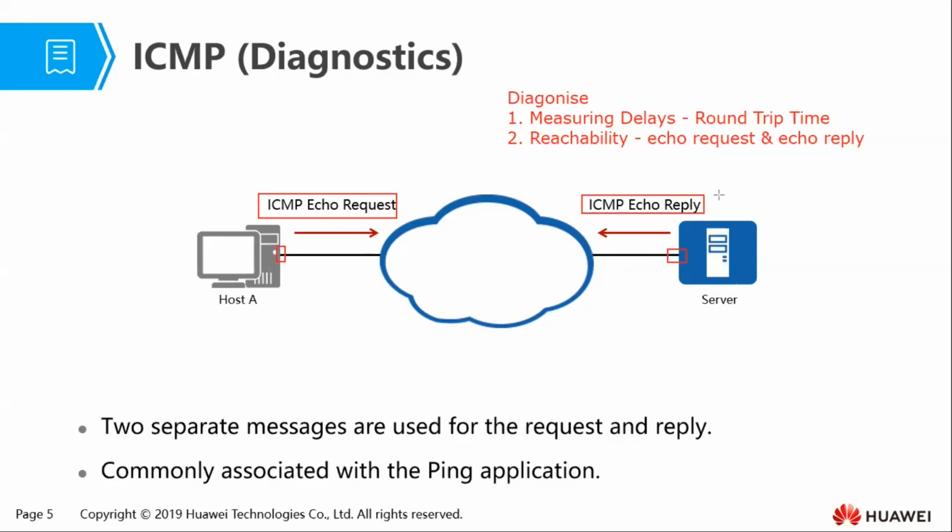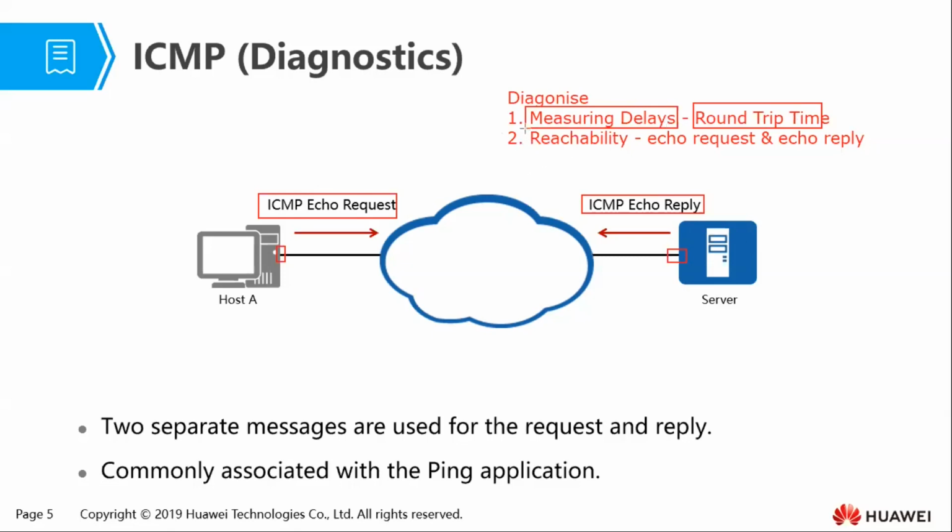That time between sending the request and receiving the reply is what we call the round trip time. Therefore, if the round trip time within our network is too high, we can quantify that we have a delay in our network and it's taking this long. So that's how ICMP is used to diagnose delays within our network through the echo request and the echo reply.